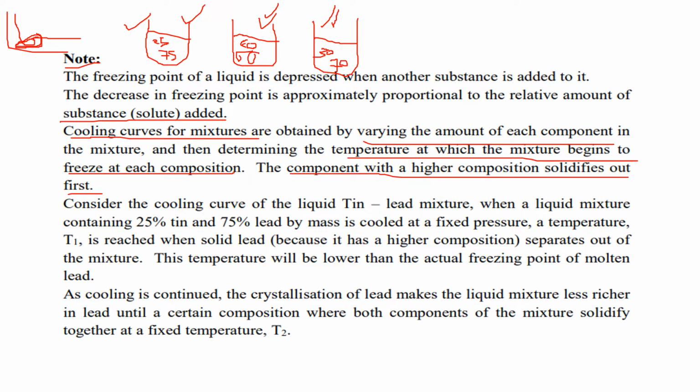Now if you have this bowl, and in this bowl you have 25% tin and 75% lead, that means that if you start cooling this mixture, the one with the highest composition, so lead at 75%, is going to crystallize out first.